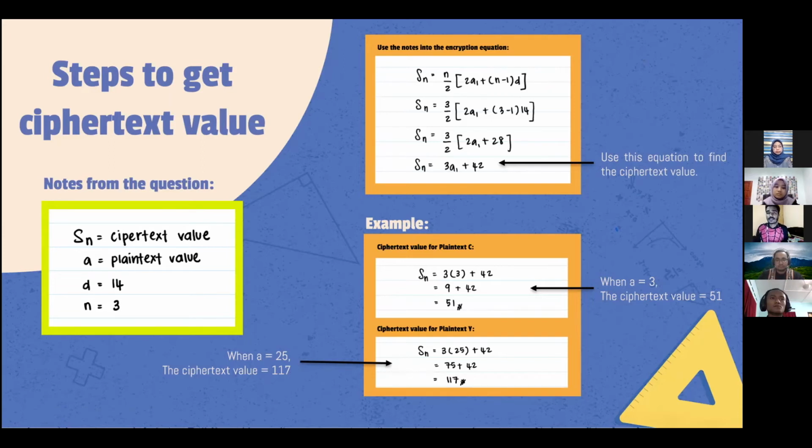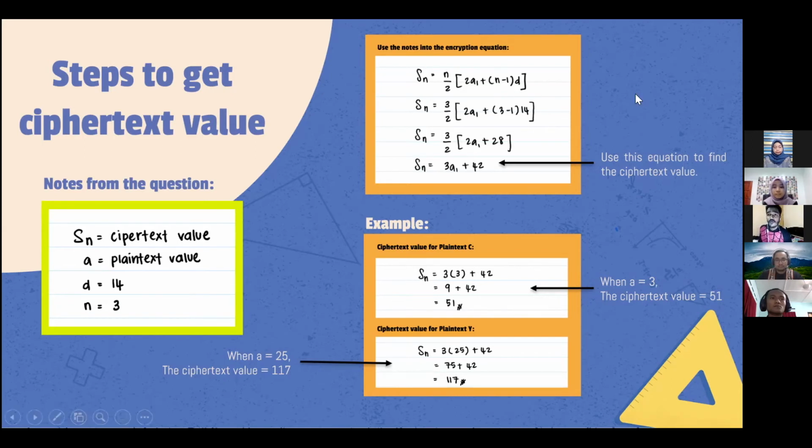Substituting 3 for n, we get 3 over 2 times (2A1 plus 28), so Sn equals 3A1 plus 42. We use this equation to find the ciphertext value.